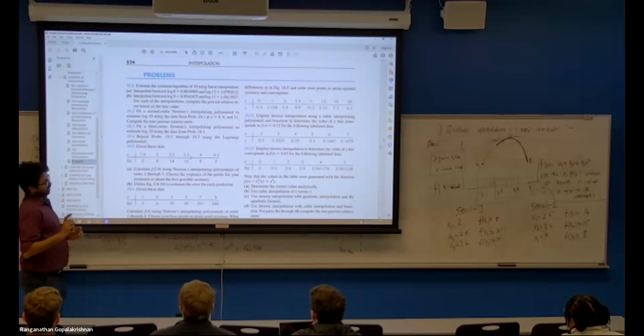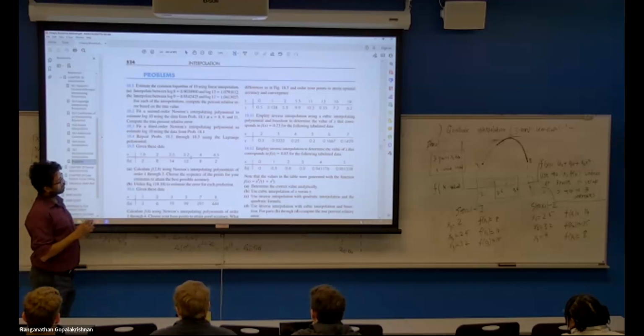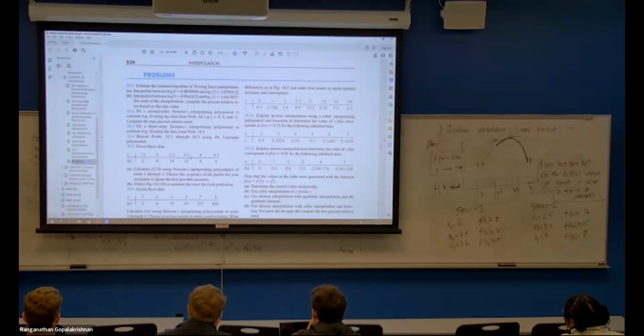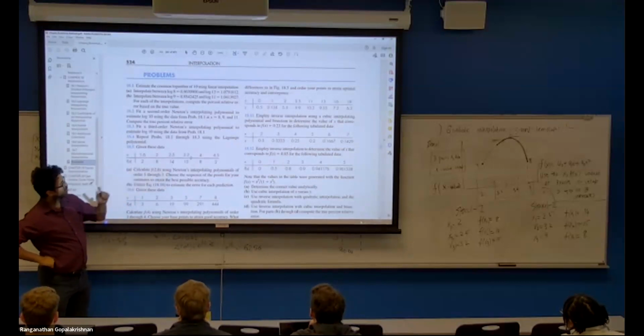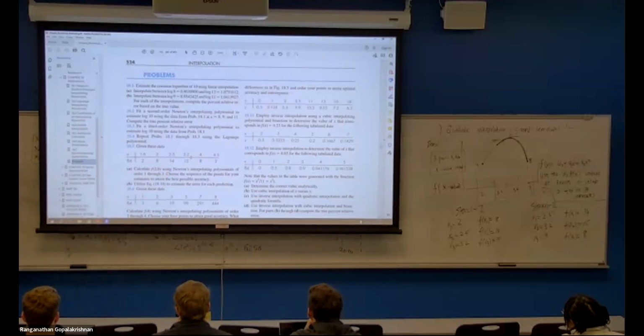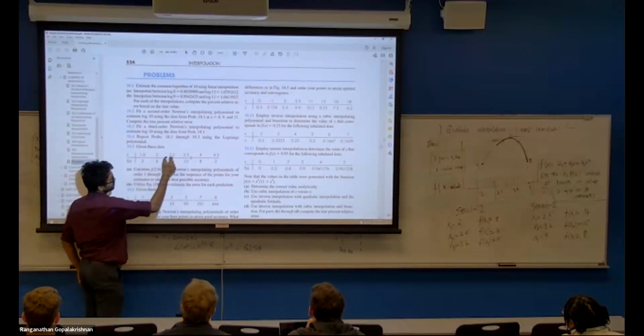Answer this question for me. Which are sort of the boundary points in which the number of stencils are restricted when you're doing cubic interpolation? What about 2.5? Which are the ones you will pick as stencil? So suppose I want to do 2.8.